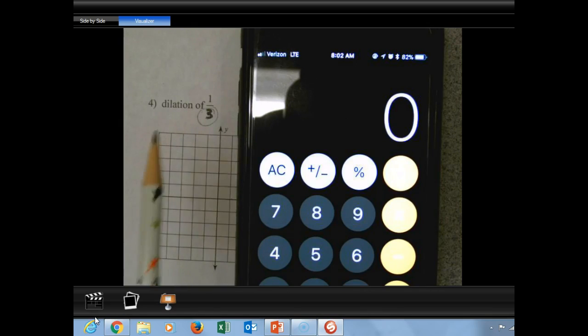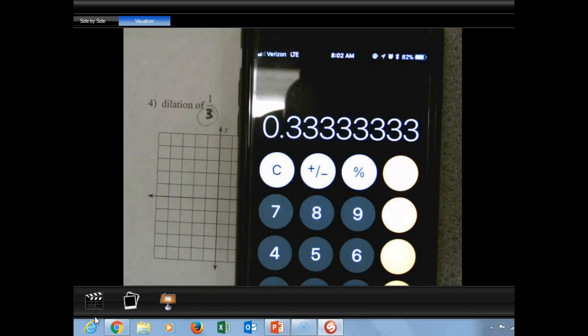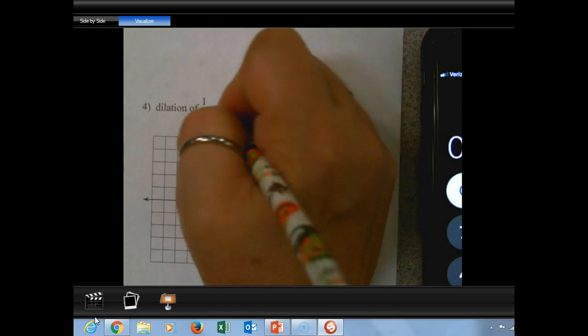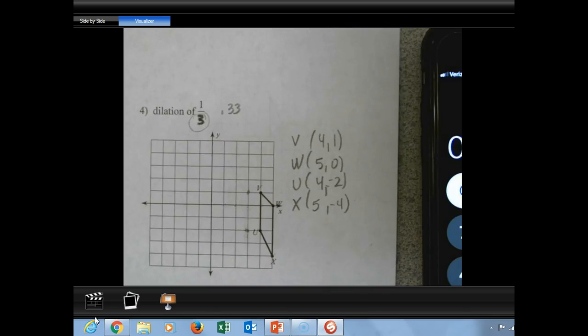How do I read this then if I want to find the decimal representation, Noah? 1 divided by 3, because that's what it tells me, right? So I get 0.33. So if we want to get close, we can use the decimal representation of 0.33. Yeah, it's got a bar over it. It's a repeating decimal.